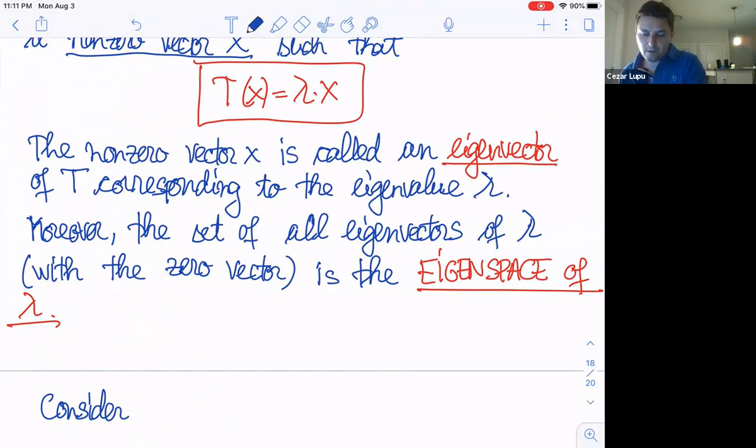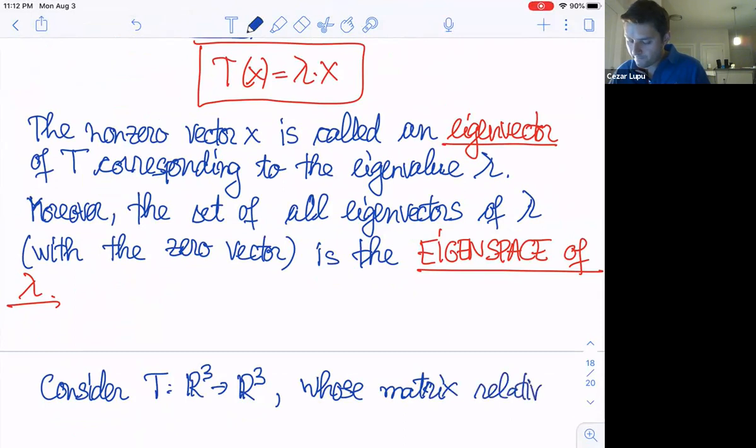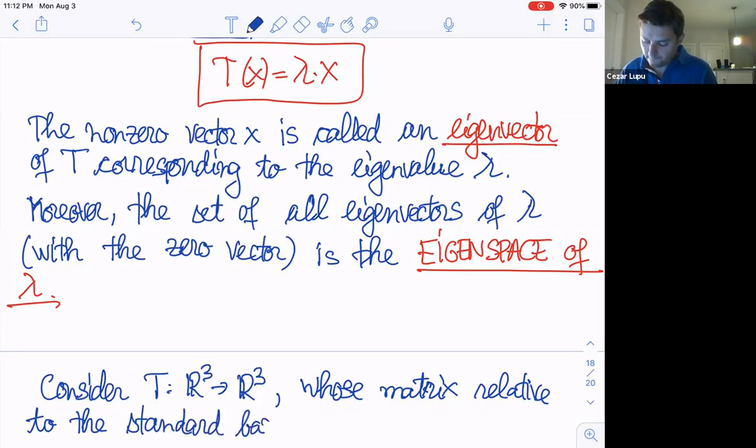Let's consider the following linear transformation. Let's take one from R3 to R3, whose matrix relative to the standard basis is the following.